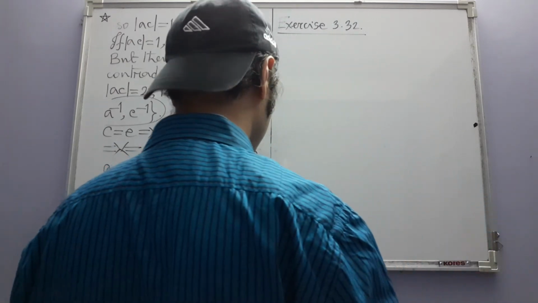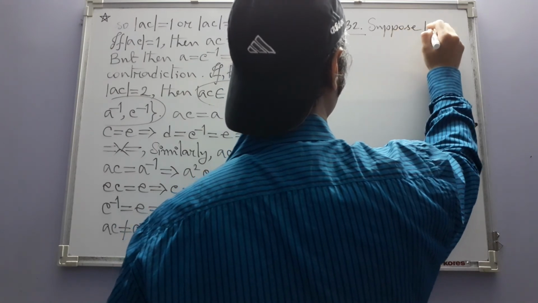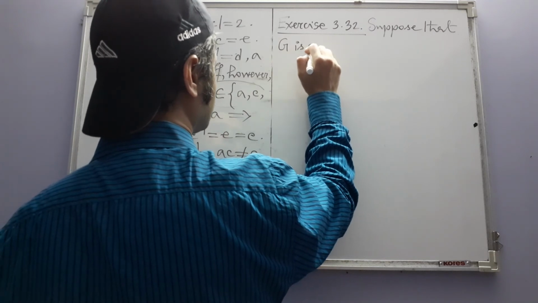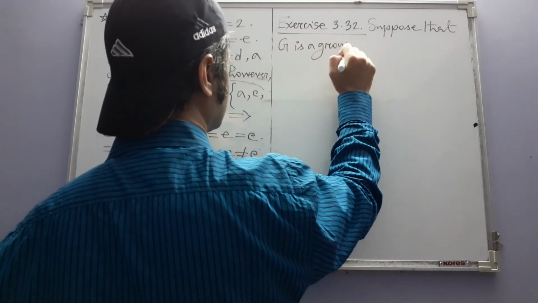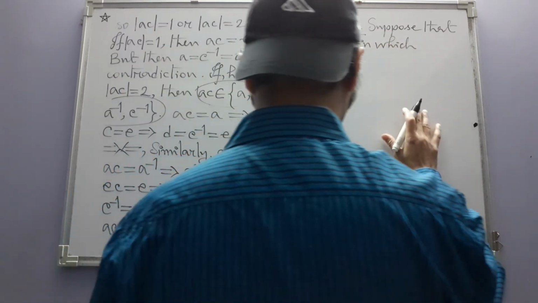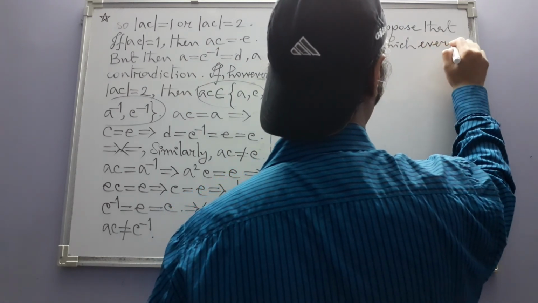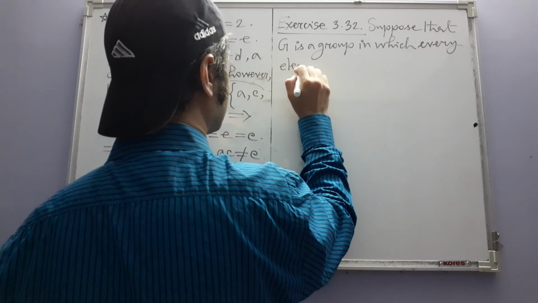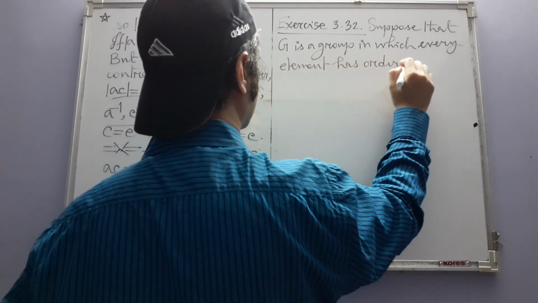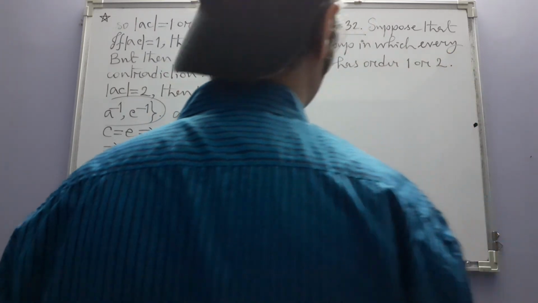Now this last one: suppose that G is a group in which every element has order 1 or 2, show that G must be abelian.